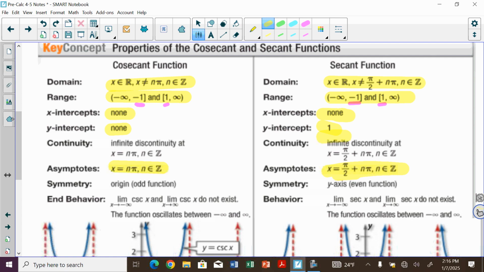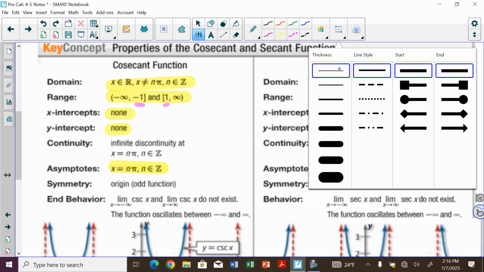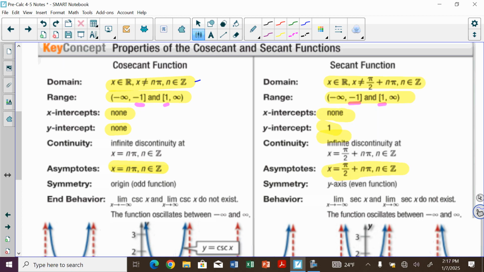Just to point it out, for the domain in cosecant, we're talking again multiples of pi. And in secant, we're talking odd multiples of pi over 2. So pi over 2, 3 pi over 2, 5 pi over 2, et cetera.